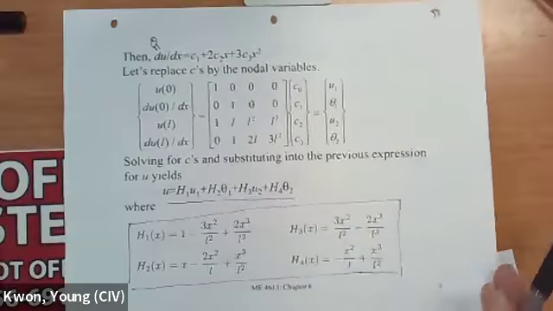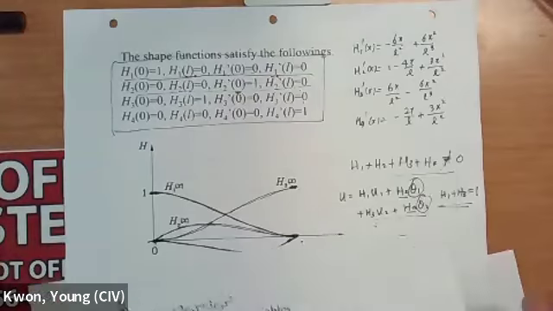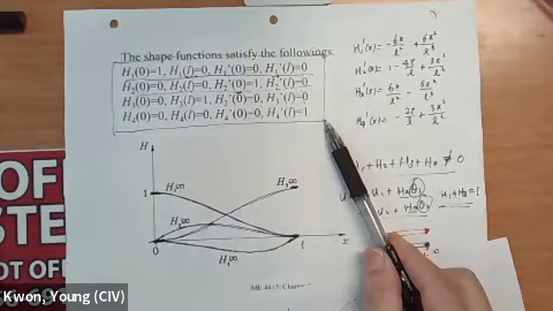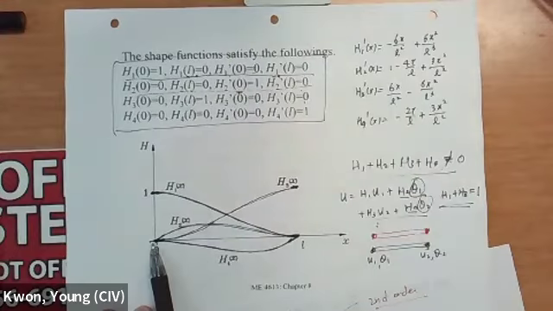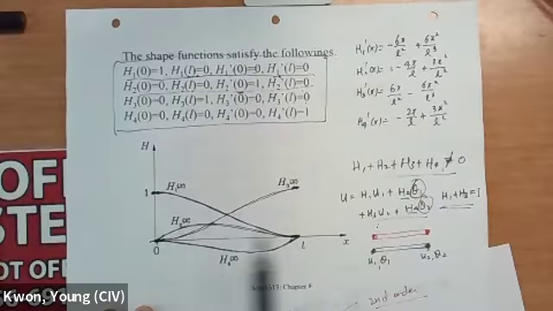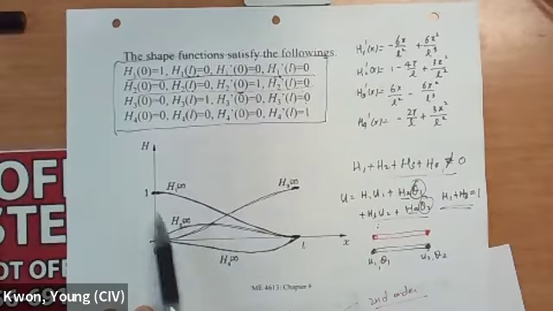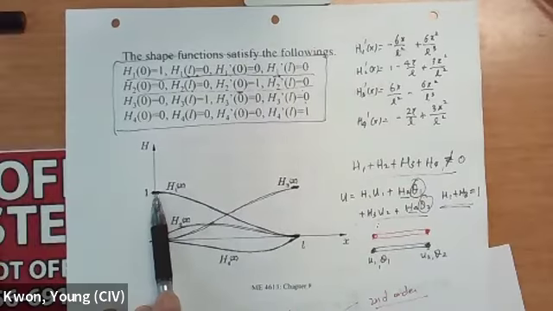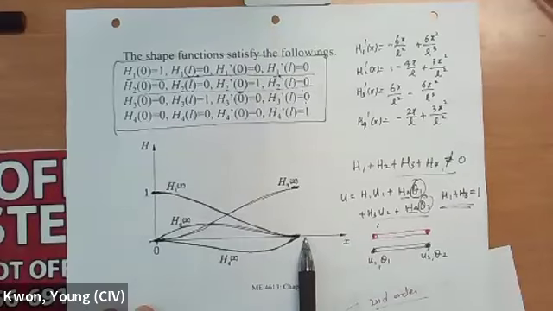Okay, and the nature of this shape function is shown here, the characteristic, so that if you plot it, the first shape function, not only is the magnitude 1, but the slope has to be 0 here, as well as 0 at the other end. So value is 1, but 0 slope, 0 slope.